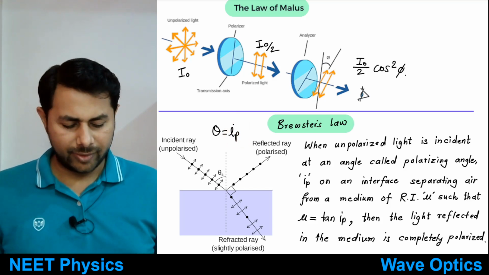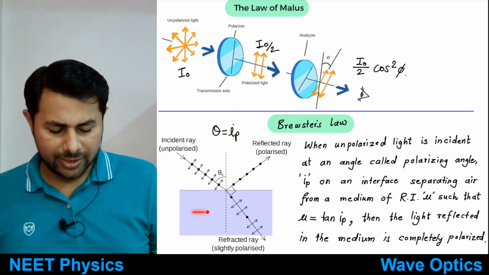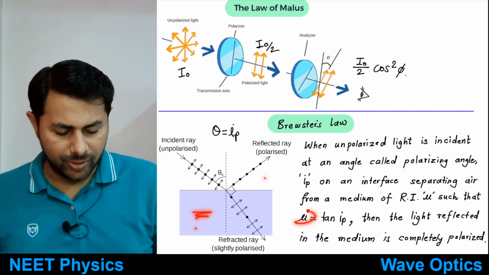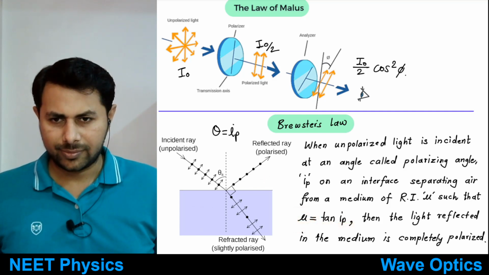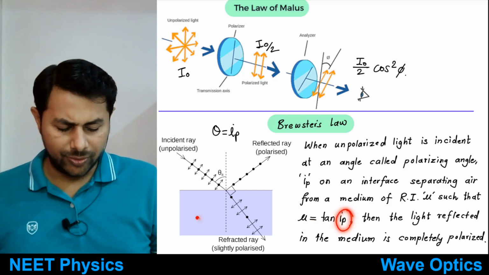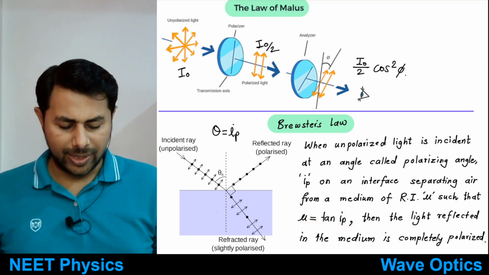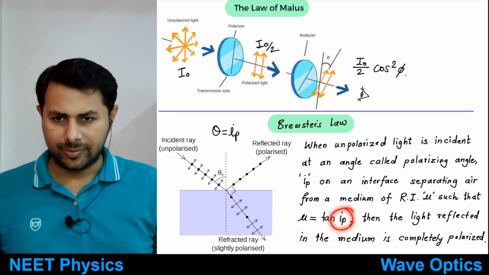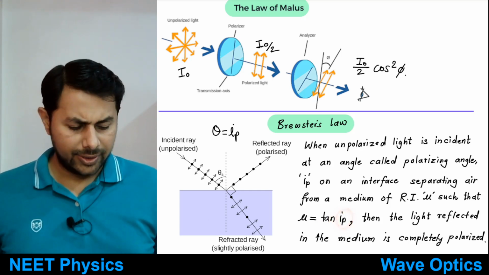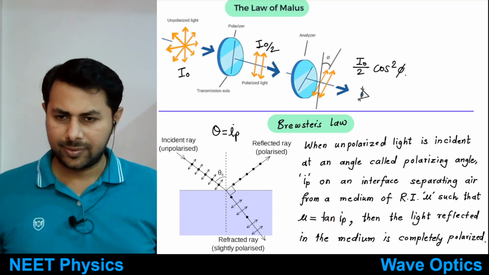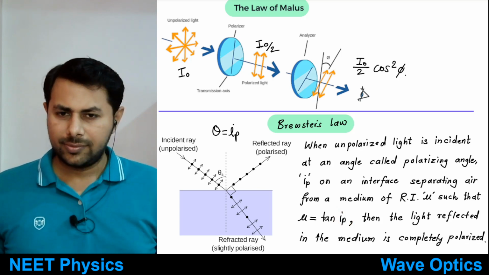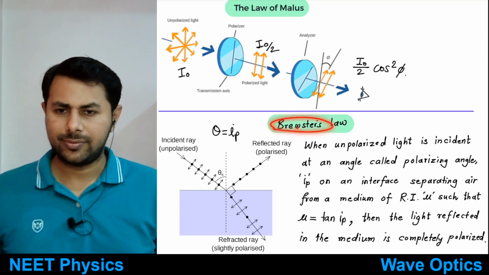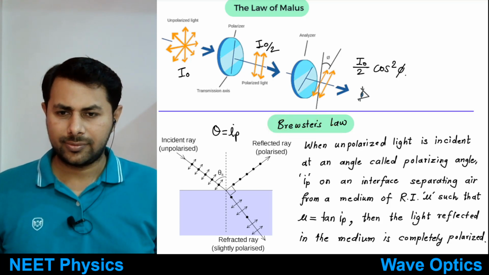Then the refractive index of the second medium with respect to the first medium, mu, is equal to tan of IP. The refractive index of the denser medium with respect to the rarer medium is tan of IP. Is this clear? This is Brewster's law.